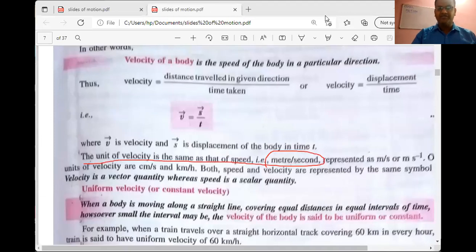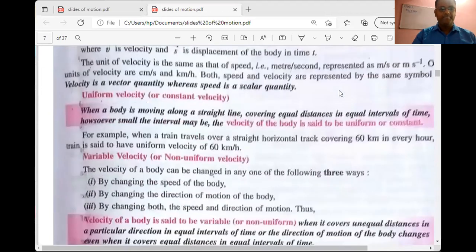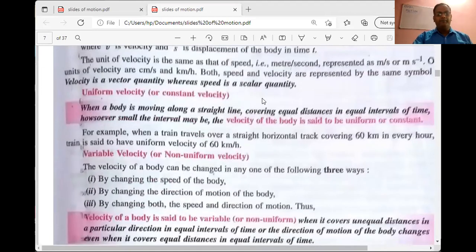Now, students, after this, we'll be coming to the topic uniform velocity or constant velocity. When a body is moving along a straight line covering equal distance in equal intervals of time, the velocity of the body is said to be uniform or constant. With an example, we can get a better idea.